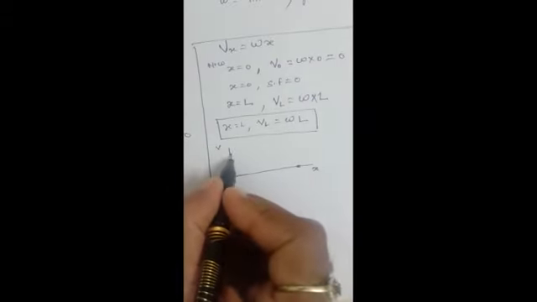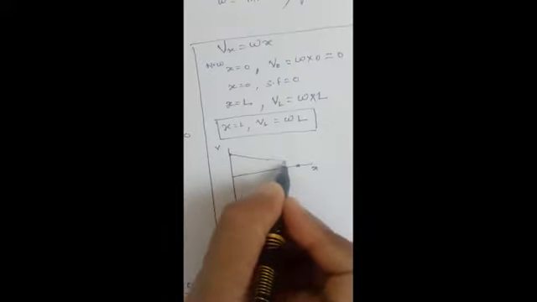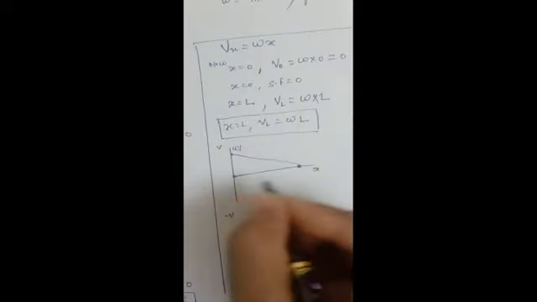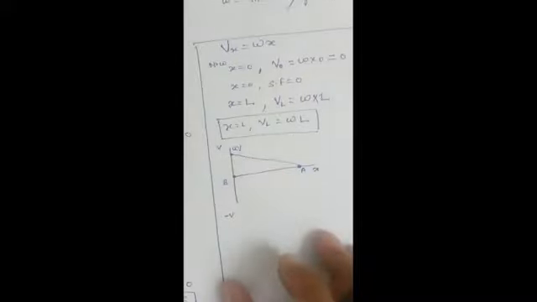So here we draw the inclined line just before B. This is WL, this is A and this is B. At B, the value of RB is nothing but W into L. If you move from right to left, downward force is positive and upward force is negative.